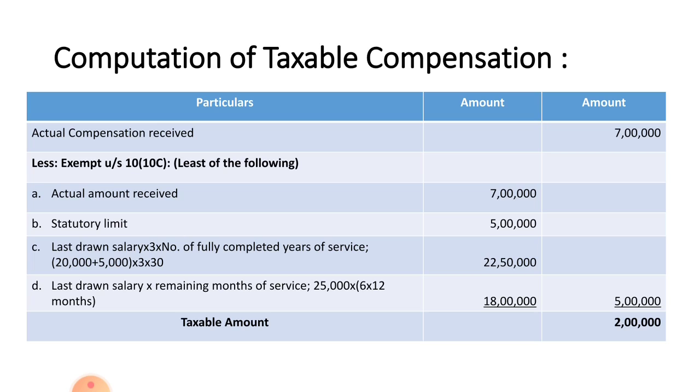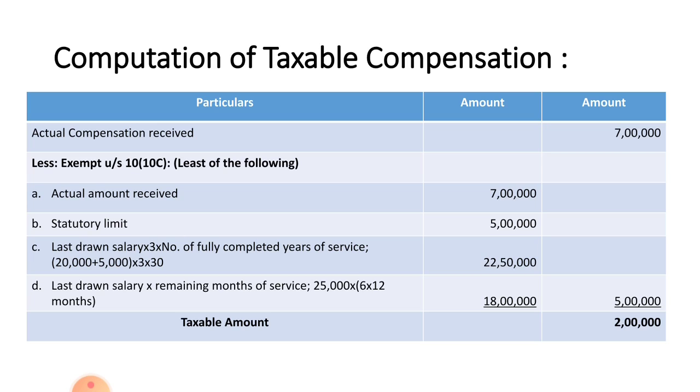Of the following 4 you have to consider the least as exempt under section 10 subsection 10C, that is exempted compensation on voluntary retirement, that is statutory limit 5 lakh because that is the least amount. When you deduct that least amount from actual compensation received 7 lakhs, you get taxable amount of compensation rupees 2 lakhs.